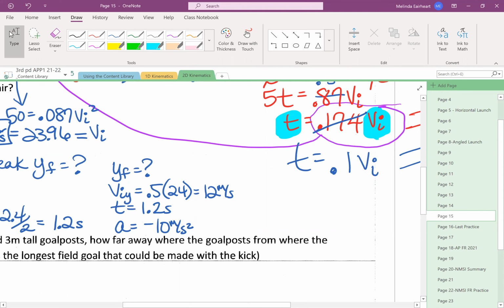By the way, we also know one more vertical thing. What's your instantaneous vertical velocity at the peak? 0. So we know the peak vertical, and you can call it final if you start at the ground.